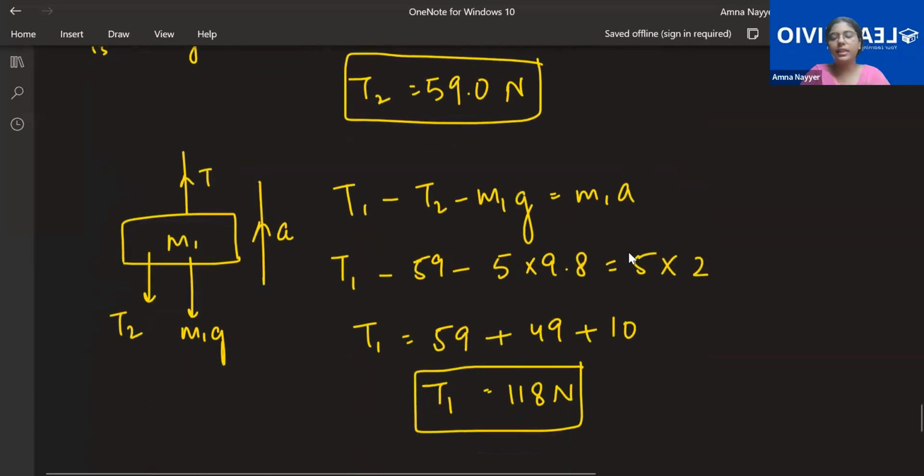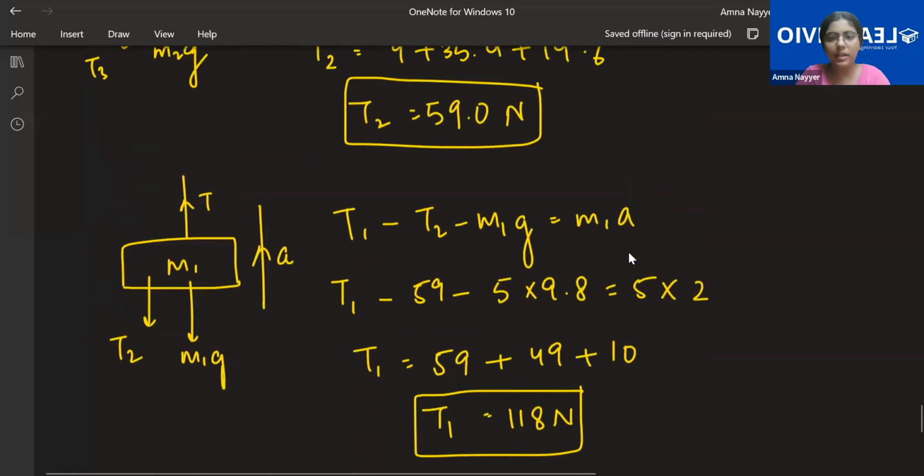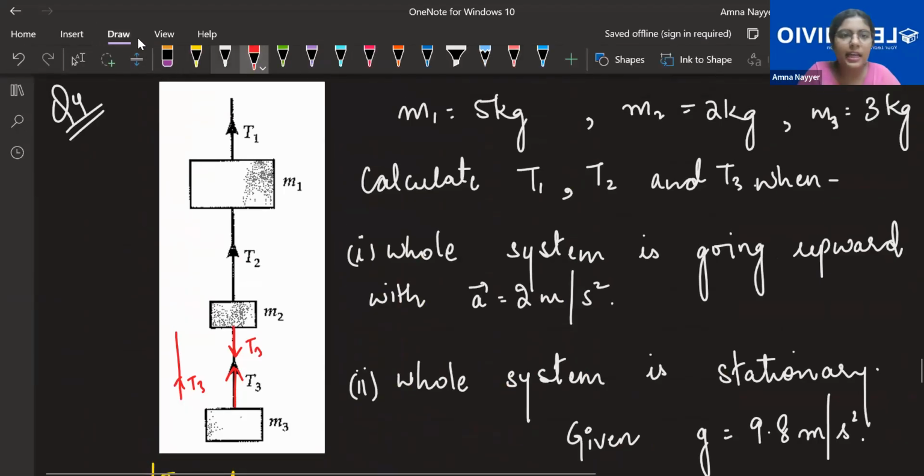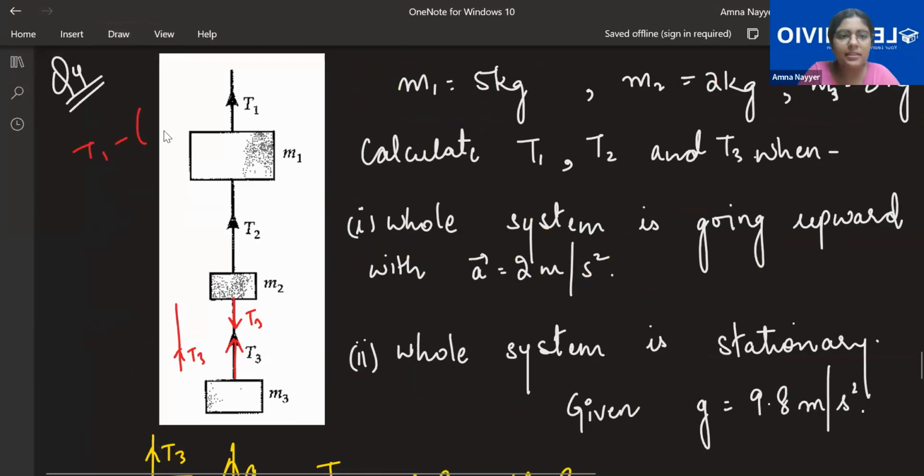Now see class, one thing I'll tell you here, pay attention. Then you can solve and write the things. In some solutions, you will find the questions have started from T1, and you'll find a very lengthy equation written, like T1 minus M1 plus M2 plus M3, equal to M1 plus M2 plus M3 into A, something like this.